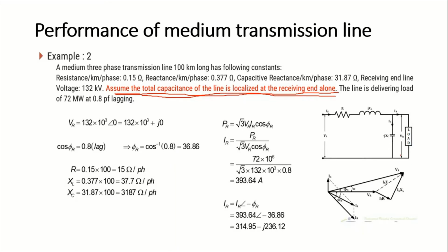This term indicates that we use the end condenser method for this example. Clear? Because it is clearly mentioned that the capacitor is localized at the receiving end alone. The line is delivering a load of 72 megawatt at 0.8 power factor lagging.